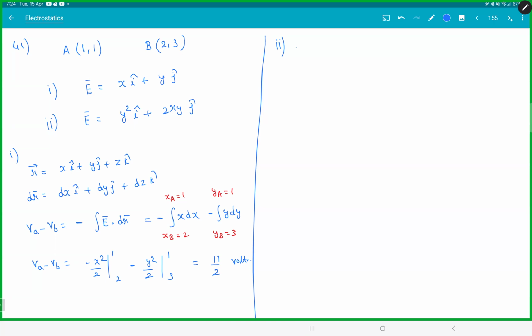So if you do the same stuff here, VA minus VB, when you integrate this, you will end up with integral y square dx minus integral 2xy dy. You can't integrate this directly because y is a variable, x is a variable. Y square dx I can't integrate if you don't tell me what y is as a function of x. Remember I told you, when this happens, there is something there.